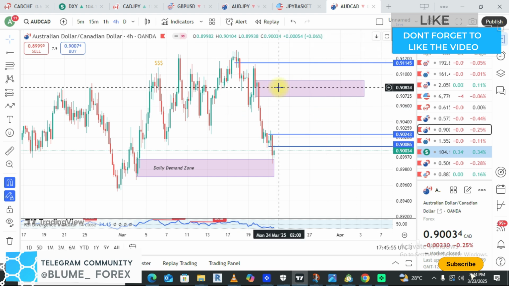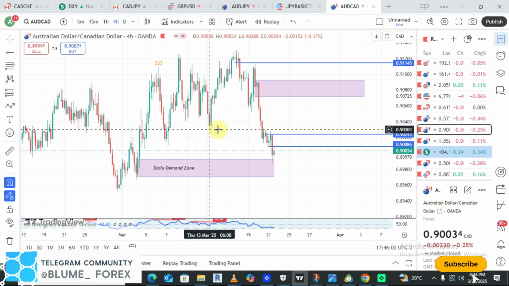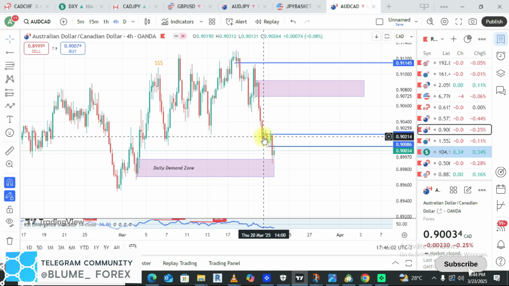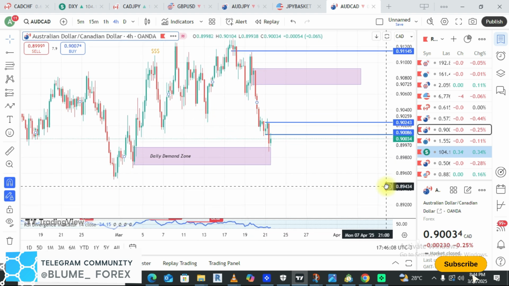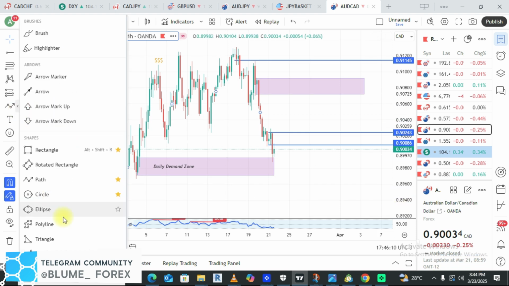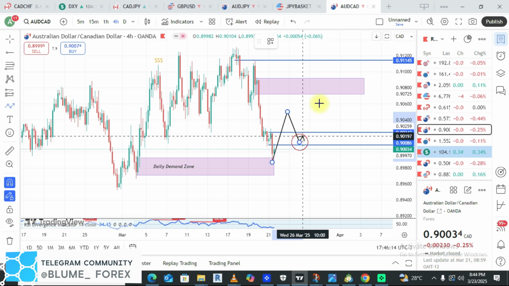This is the initial supply that led to the taking out of this low, right? And then we had this initial ranging, and then pushing down to this demand. So if we start trading above the supply, we can be looking for continuation buys on AUD/CAD.